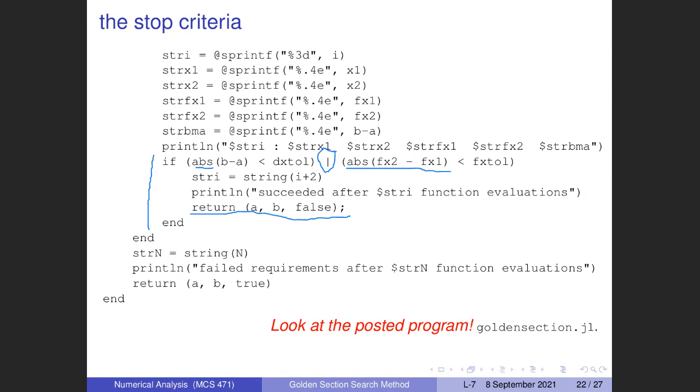If we have to go through the entire loop, if the stopping criterion was never satisfied, then we have a failure, and that is indicated by the true here. For this lecture, there is a function that is posted. That's what you will need to use in the exercises.